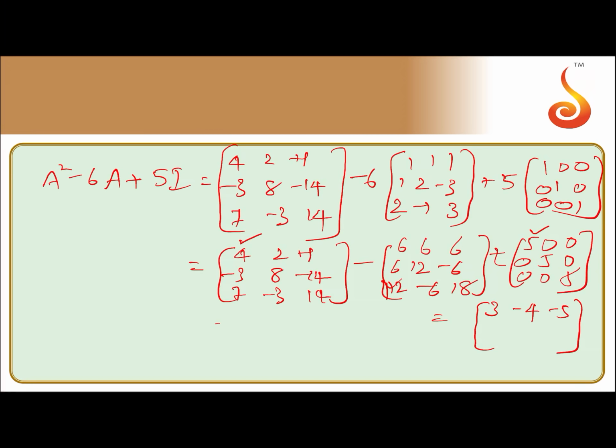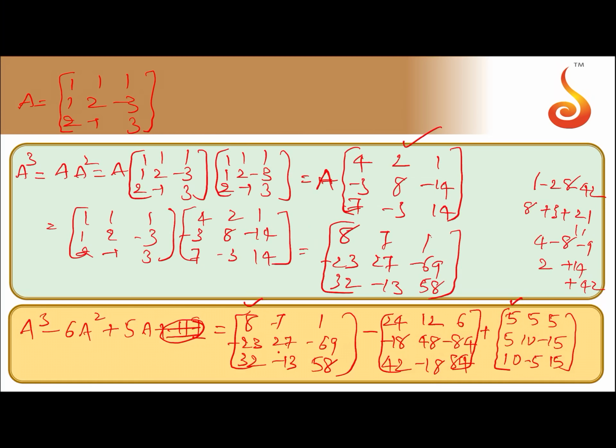Minus 3 minus 6 gives minus 9. And 8 minus 12 minus 4 plus 5 plus 1. Minus 14 plus 6 is 8. Let me check.